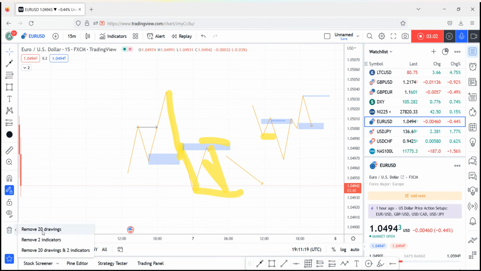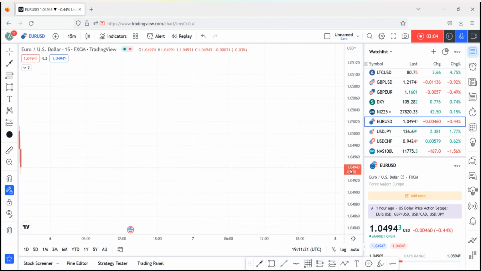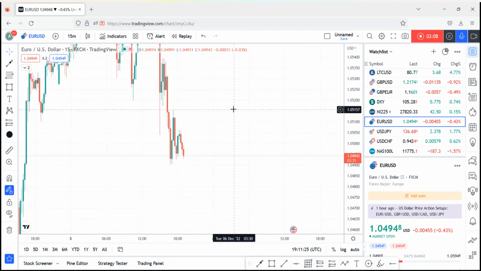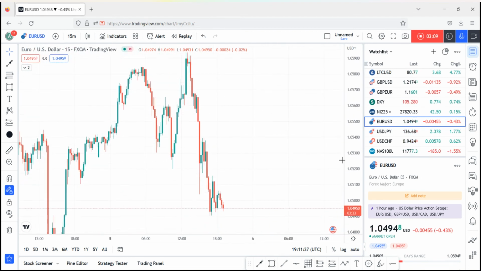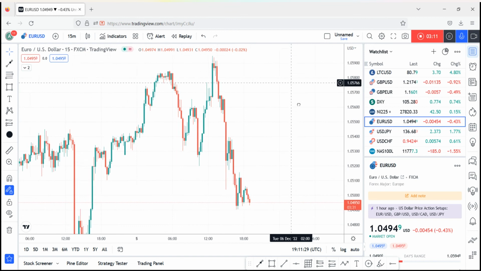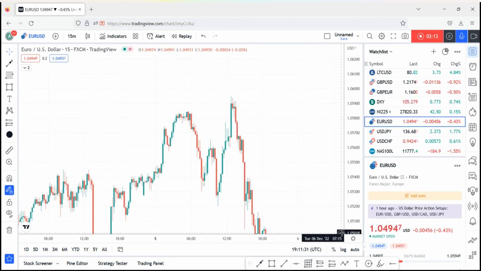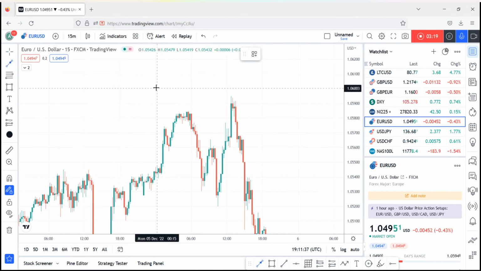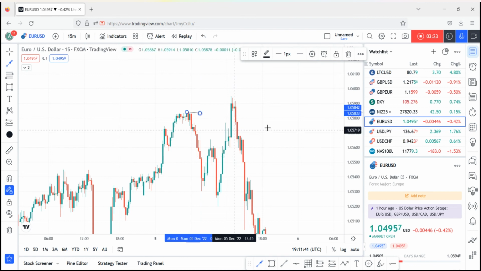Let me show you. Today I took a similar entry like this. So here price was in a bullish trend. Here price just swept the liquidity, you can see.